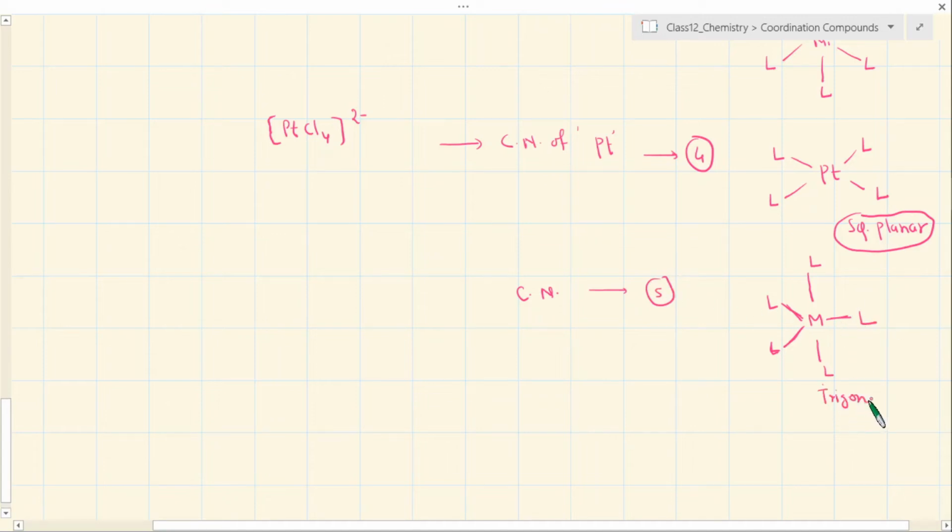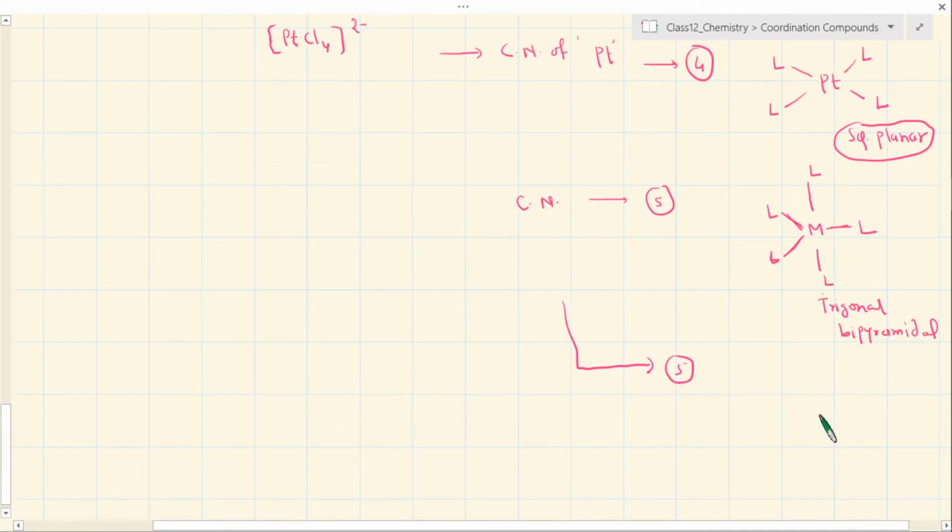Trigonal bipyramidal. Similarly, with coordination number 5, another geometry is possible which is square pyramidal, okay. You may have a metal, then 4 ligands in a plane, just like in octahedral you saw, and then only one ligand above the plane.